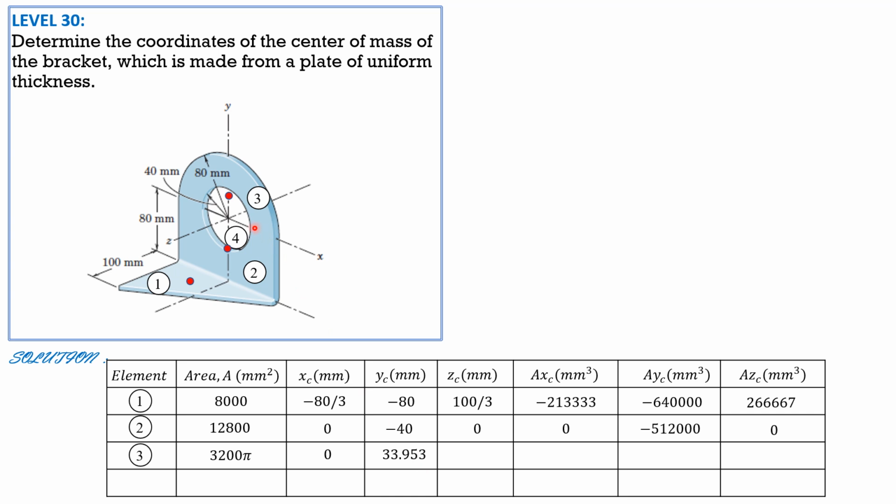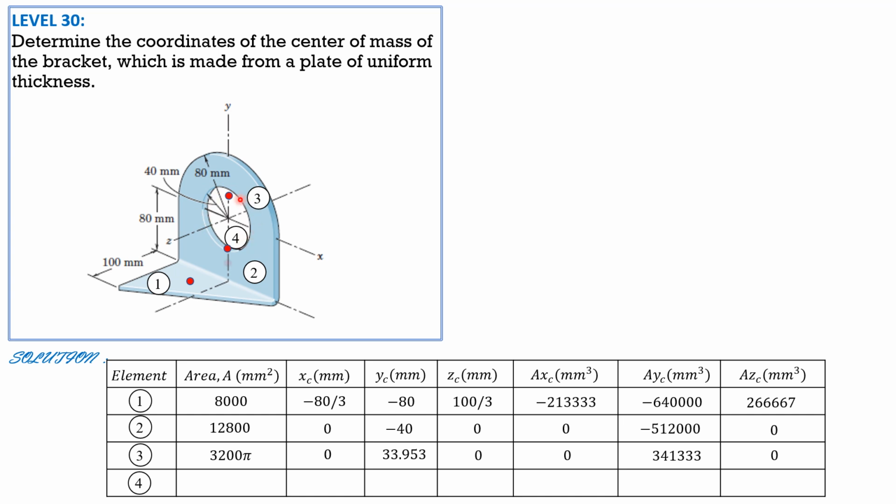Then z sub c, because it lies on the XY plane, is 0. Then area x, 0. Area times 33.953, 341,333. Area times 0, 0.